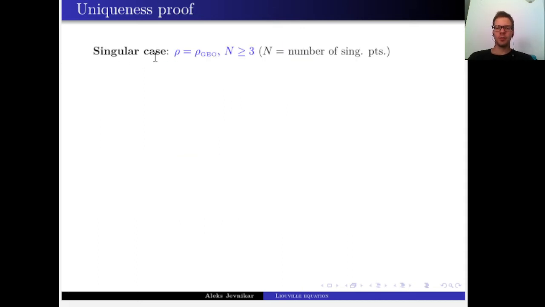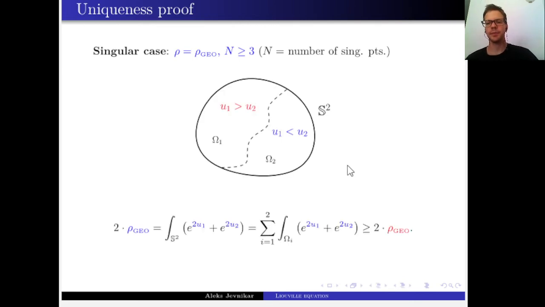Okay, so let's suppose we are in the singular case, we are in the geometric case, and we have at least 3 singular points, so 3 conical points. So you do the same and you end up having 2 nodal regions.